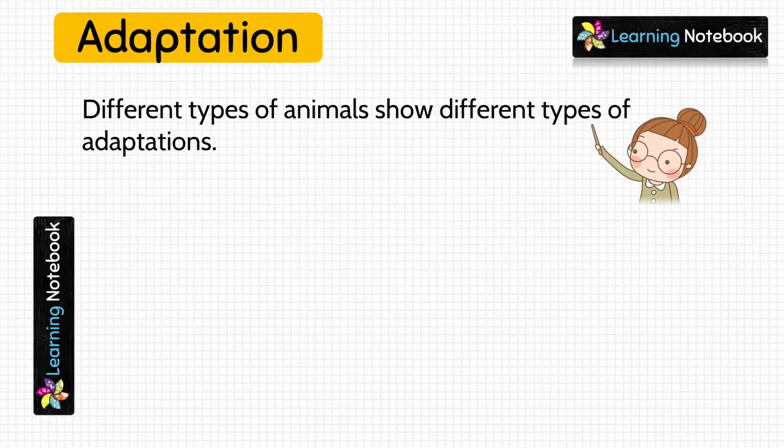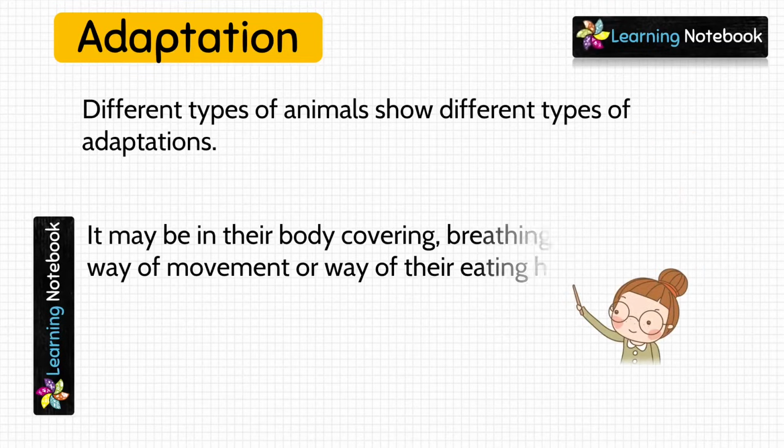Different types of animals show different types of adaptations. Adaptations may be in their body covering, breathing organ, way of movement, or way of their eating habit. Let's learn these types of adaptations one by one.